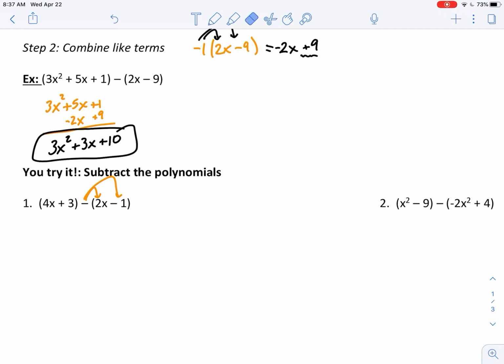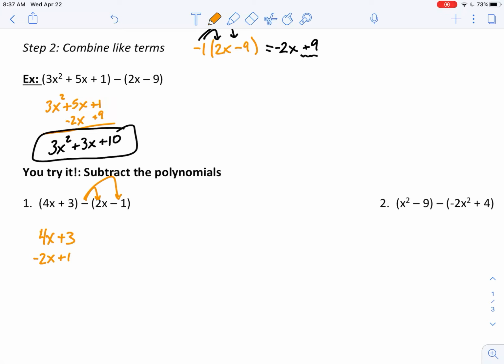And we've got 6 problems here. I'm going to do the first 2 with you, and then I want you guys to pause the video and try those last 4. So again, our first step every time is we want to distribute this negative, which ends up just changing the signs on both of these.